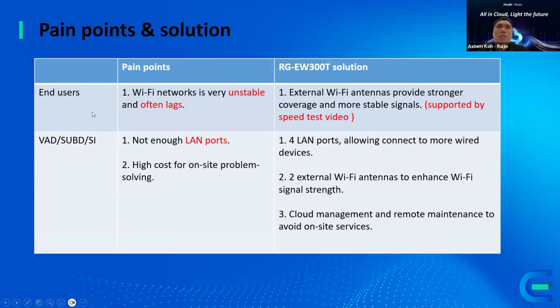Especially end users who say they are currently facing a very unstable Wi-Fi network, often lagging. So our EW300T solution will provide them with stronger coverage and a more stable signal, so you can have these connections easily, with 32 units connected to our EW300T.